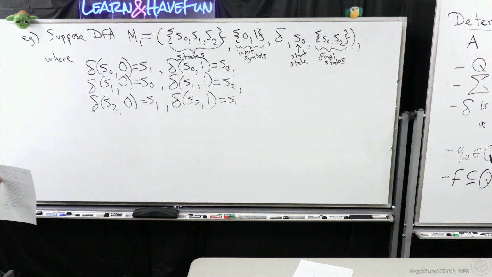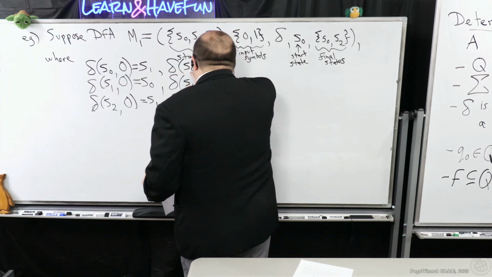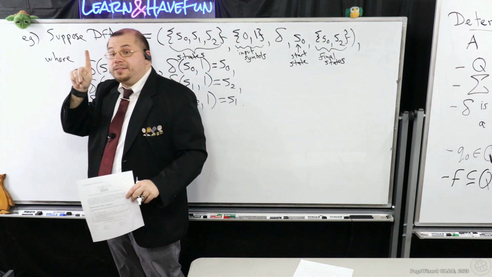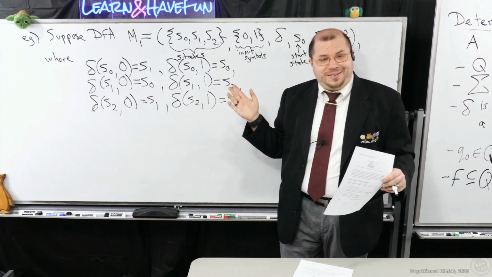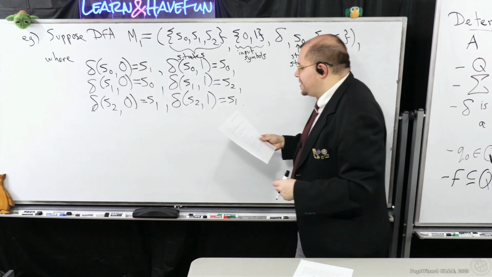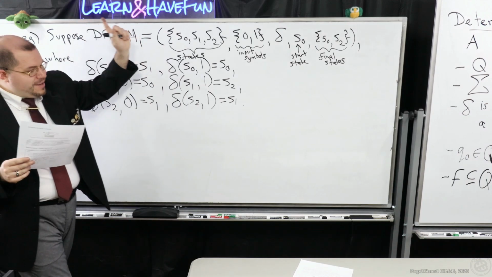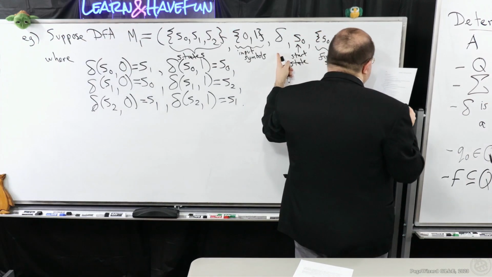The reason it's deterministic is that whenever I'm in a state and I read a symbol, it goes to exactly one state. It can't go to a set of states, for example. That's a whole other concept that we may talk about sometime in the future. So remember, that's the set of states, this is the input symbols, and this is the transition function.